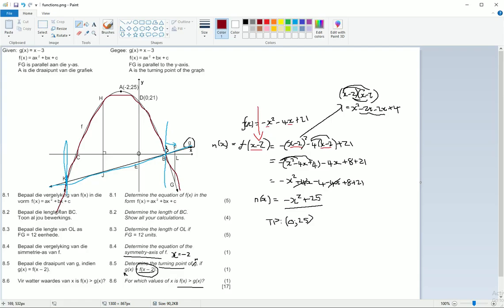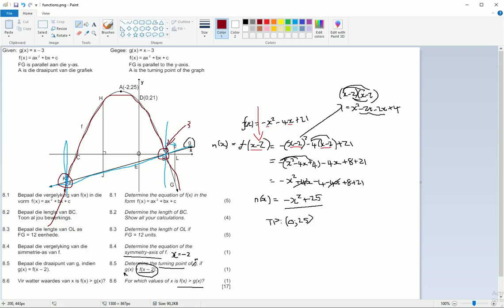So we want to know where red is on top of blue, and it's from that point up until this point. This point we already know is 3. This point we don't know.